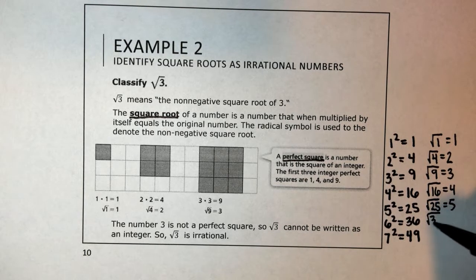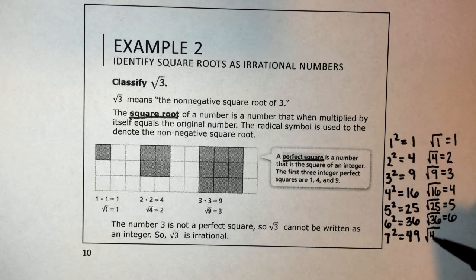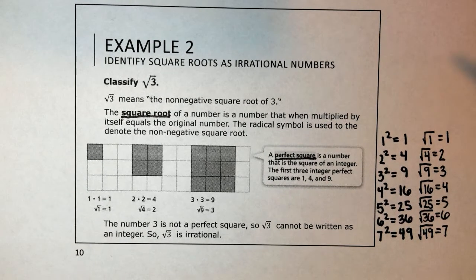The square root of 36 is 6. The square root of 49 is 7. So for these perfect squares, you can take the square root of them. The result is the number that, if it can be multiplied by itself, gives you what's under the radical symbol. So 2 times 2 gave me 4, which is why the square root of 4 is 2.